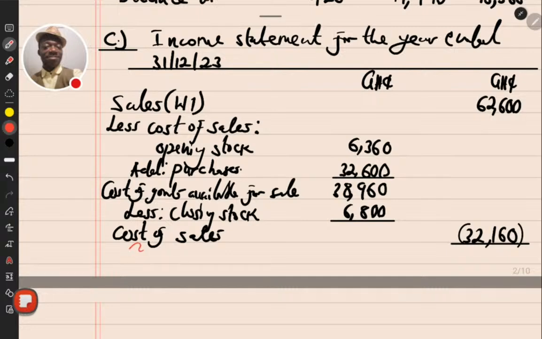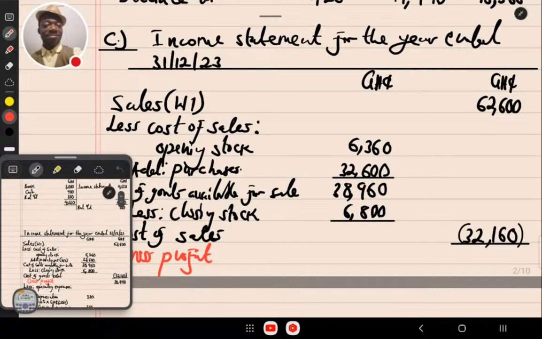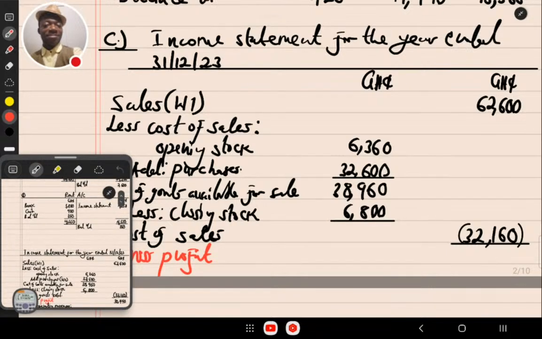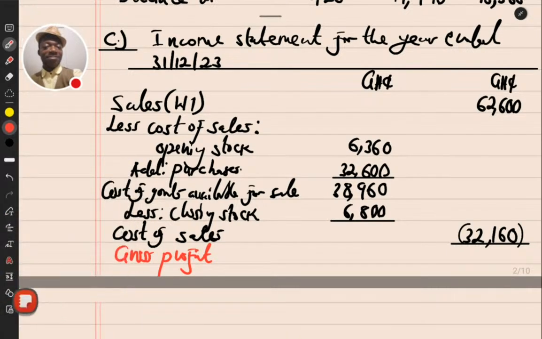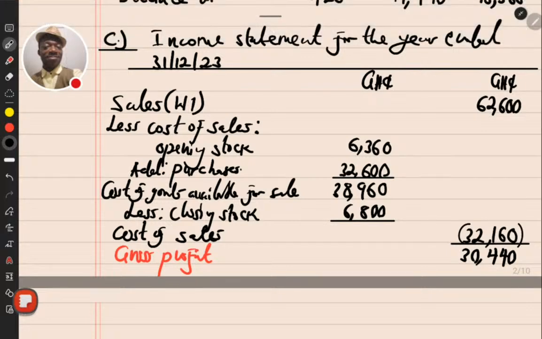So we'll have gross profit for the period. So what was I getting generally here as my gross profit? So I had 30,440. So we'll have here 30,440.